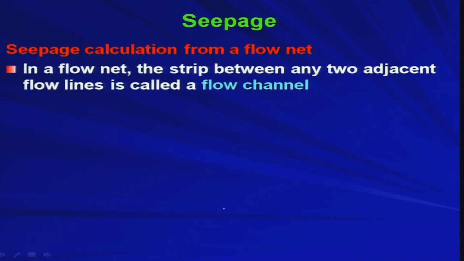In a flow net, the strip between any two adjacent flow lines is called a flow channel, right, already we have seen. So, try to understand the strip, that means the region between any two adjacent flow lines is called a flow channel, and through which actually the flow will be happening.